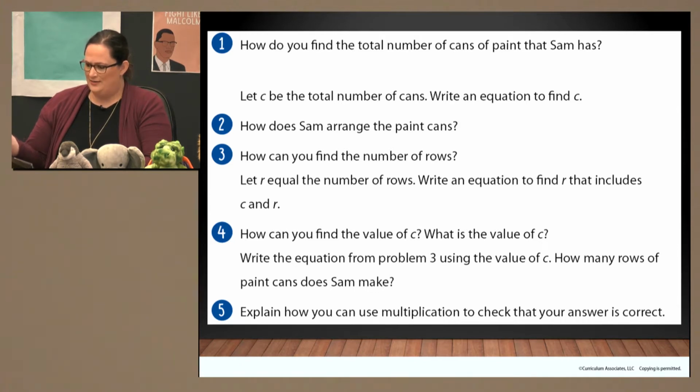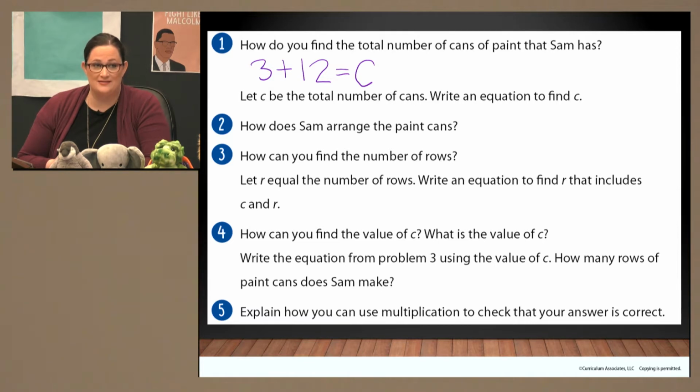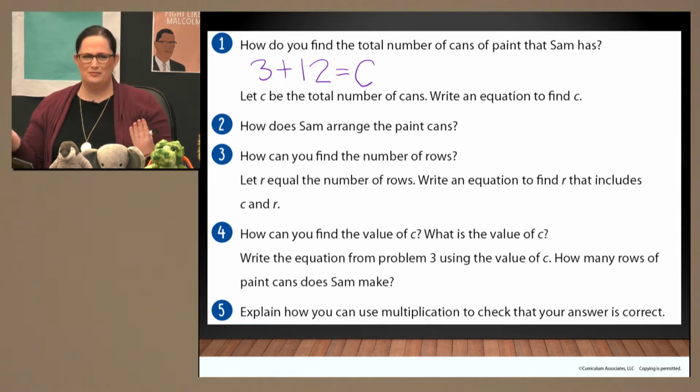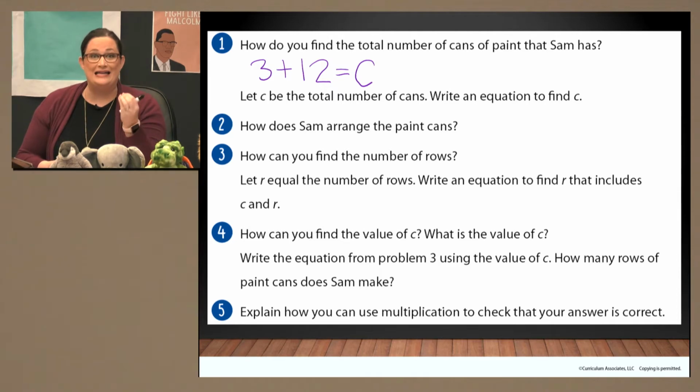So we had 3 plus 12 equals C. C is the total number of cans they have. And then how did Sam arrange the paint cans? Yeah, into rows of 5. It says, how can you find the number of rows? Let R equal the number of rows. Write an equation to find R that includes C and R.